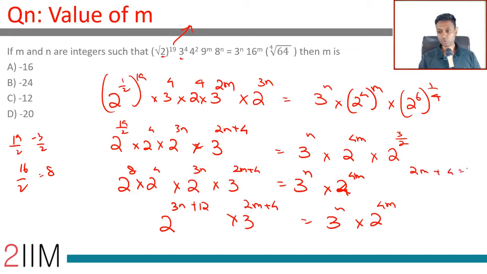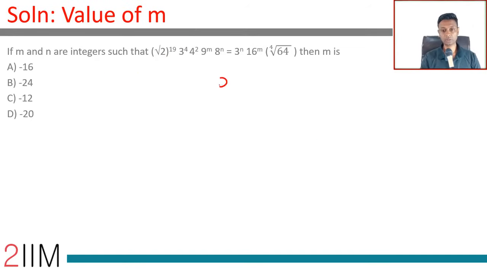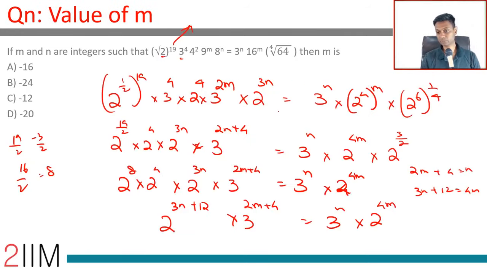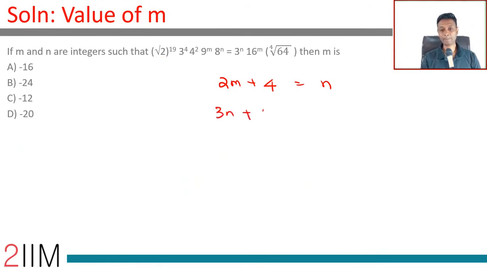2m plus 4 is n. 3n plus 12 is 4m. Let me write this again. 2m plus 4 is n. 3n plus 12 is 4m.